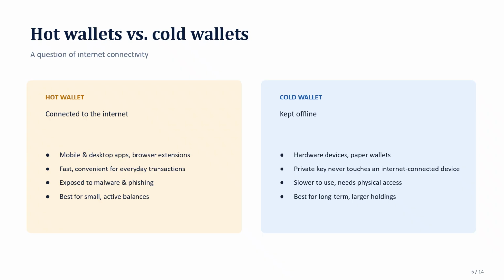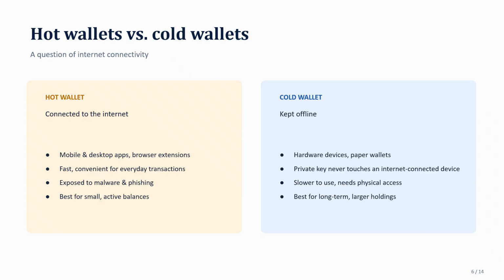Now we are going to see hot wallets versus cold wallets. Separately from that, wallets are hot or cold depending on internet exposure. Hot wallets, mobile apps, browser extensions stay connected, which makes them fast and convenient, but also exposed to malware and phishing. Cold wallets keep the private key offline entirely, using hardware devices or even paper.